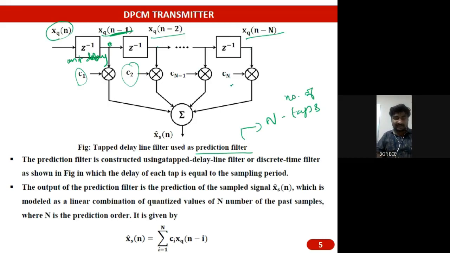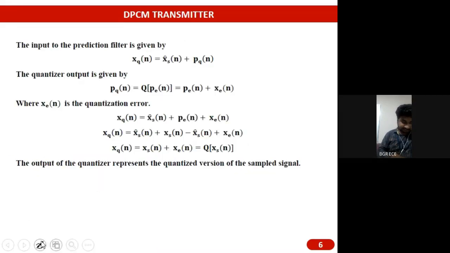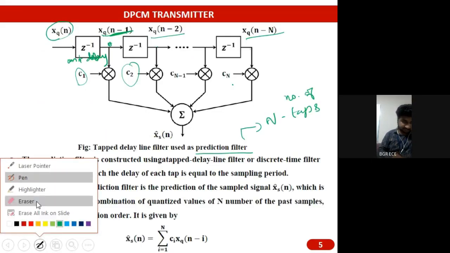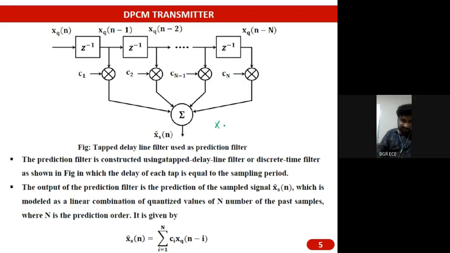And all are summed together, and we can write the summation xs cap of n as C1 into xq of n plus C2 into xq of n minus 1 plus, and it goes up to Cn into xq of n minus n.